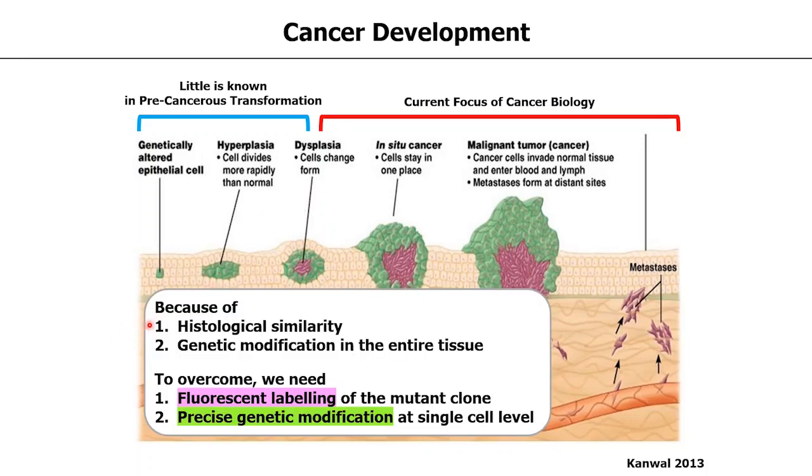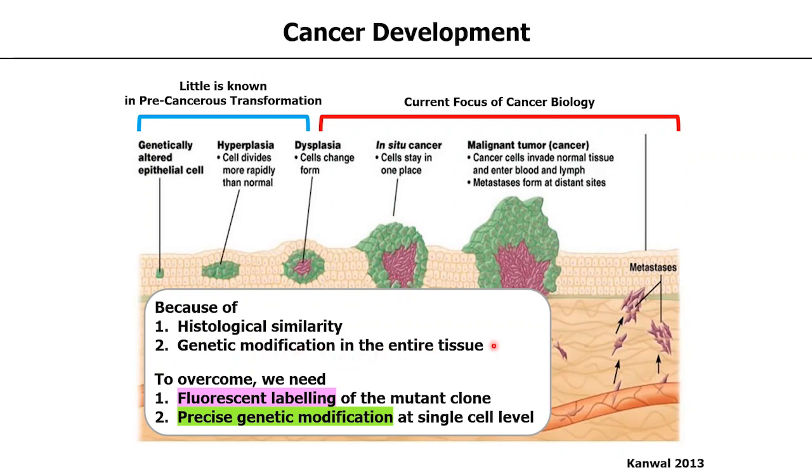So the reason is that in the clinic, the initially mutated cells are histologically very similar to the surrounding tissue. So it's nearly impossible to find them and to study their behavior.